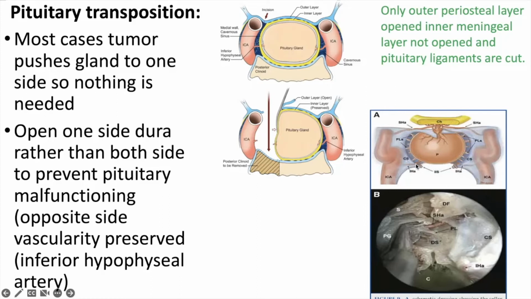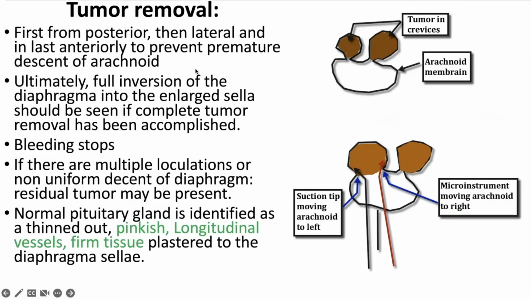And also you can sacrifice the inferior hypophyseal artery. The arachnoid should descend uniformly. But if you find that there are multiple lobulations and the arachnoid is not descending uniformly, that means there is some residual tumor, and in such a case you have to open the neck of these lobulations.